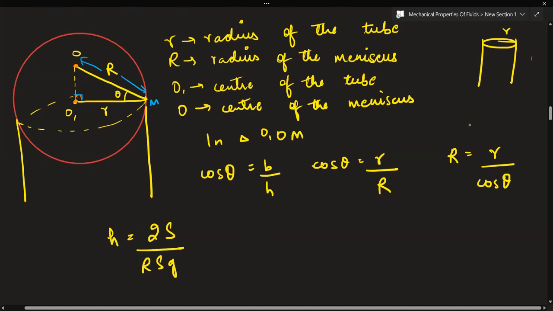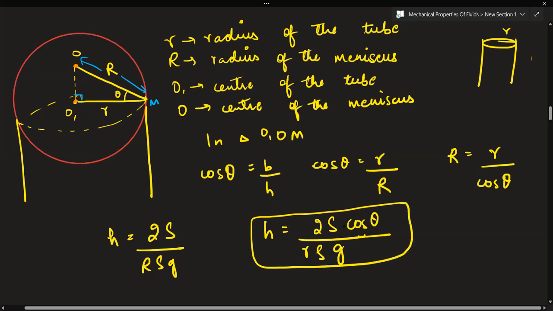So let us substitute the value of the radius of the meniscus from here. So h would be 2S divided by this whole term, meaning r divided by cos theta, so cos theta will go up, divided by rho g. So this is your final formula, this is your ascent formula.